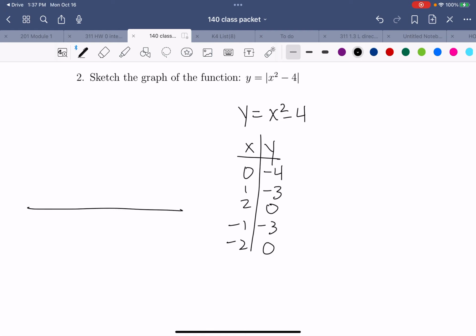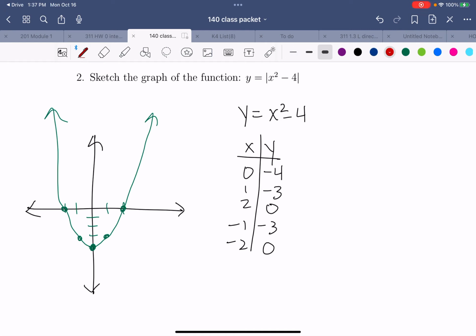So if we graph that, quick sketch, 0, -4. 1, -3. -1, -3. And 2, we're at 0, and -2, 0. So there is my parabola.